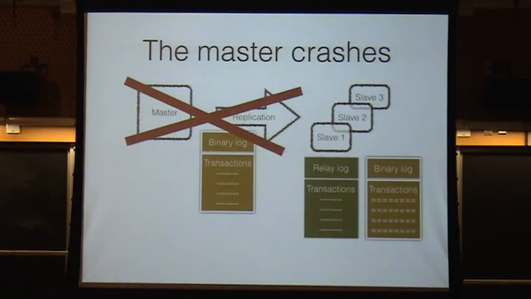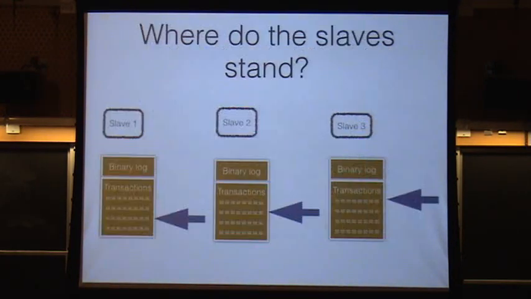So what happens? The master crashes because every hardware sooner or later will disappear. What do you want to do? You want to promote one of the slaves. So you inspect the binary logs of the slaves and try to find out which ones are the most advanced.